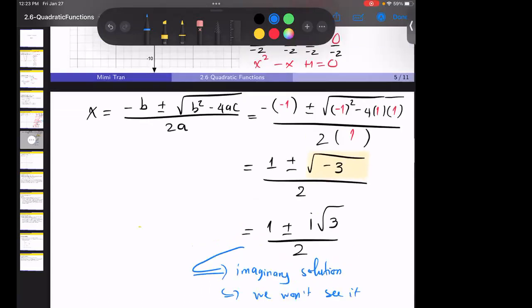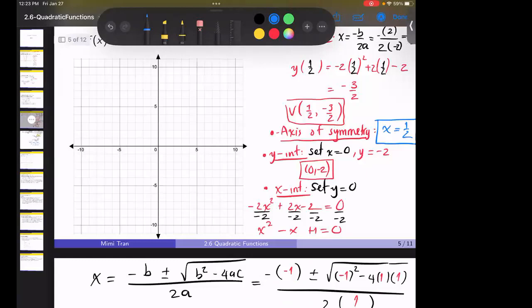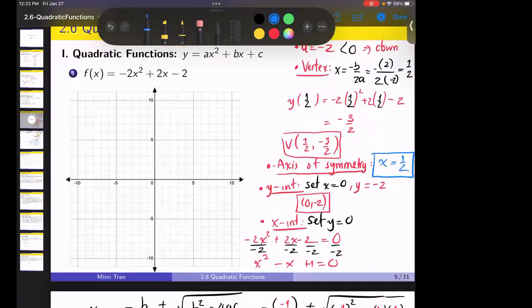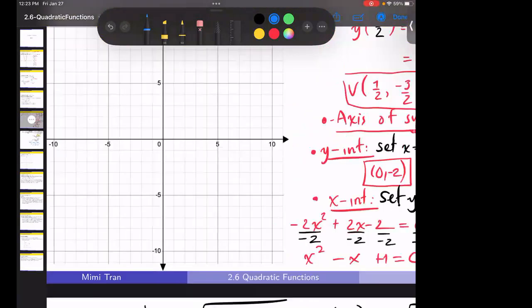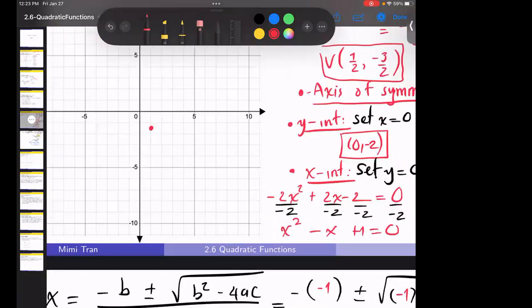Let me plot for you. The vertex is 1/2, negative 3/2, so 0.5 and negative 1.5. Right there. The y-intercept is 0, negative 2.